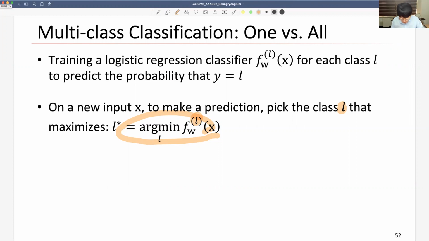In other words, given a single input here, we can compute three values of the mapping function, something like this.